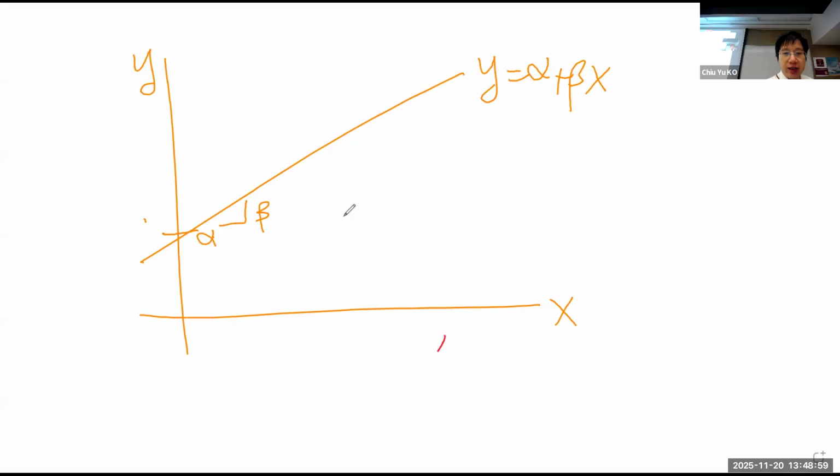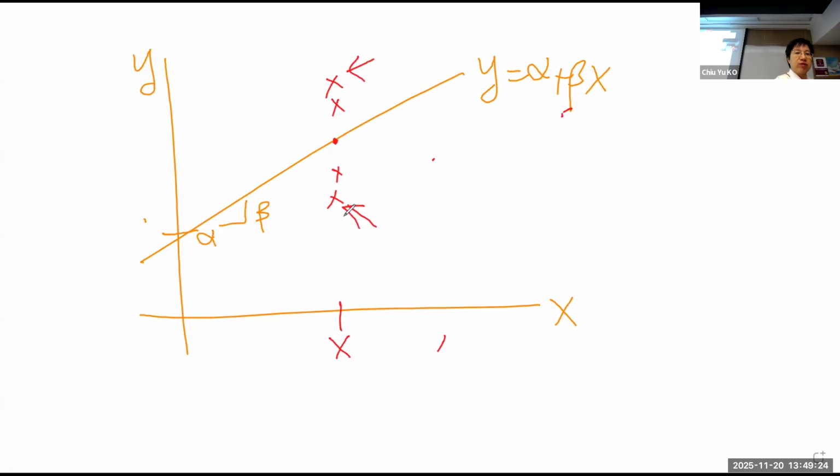So even if I give you a fixed x, you will not only observe this number, but it will be somewhere above, somewhere below, depending on what kind of epsilon it is. Maybe this one is the guy who has a higher GPA, and this guy is not.